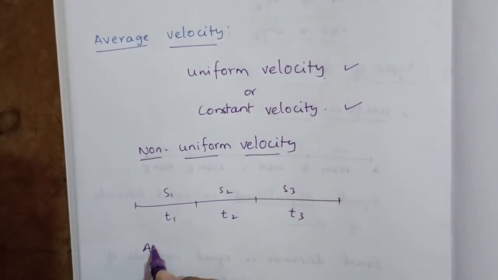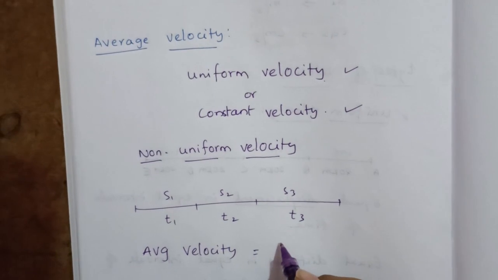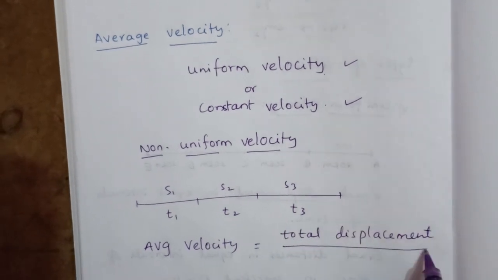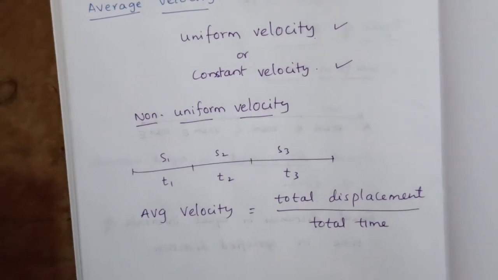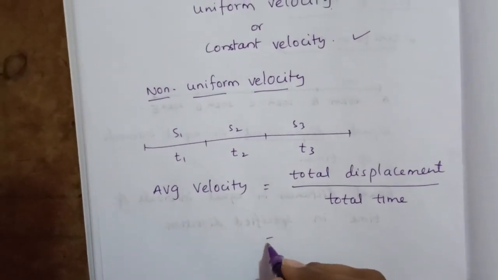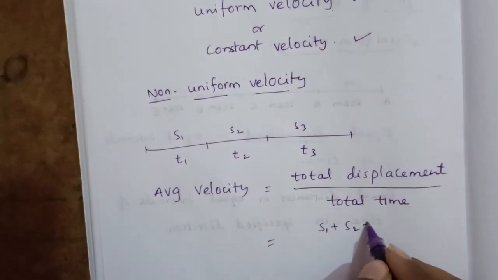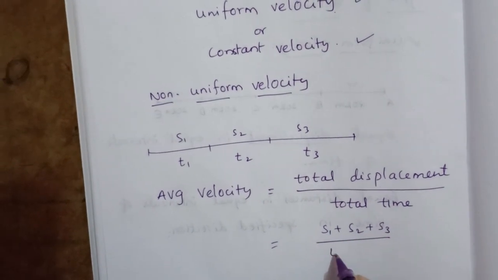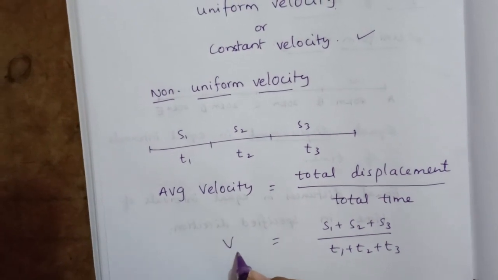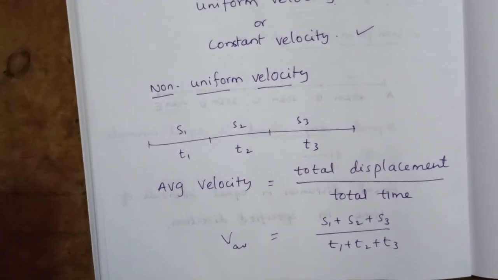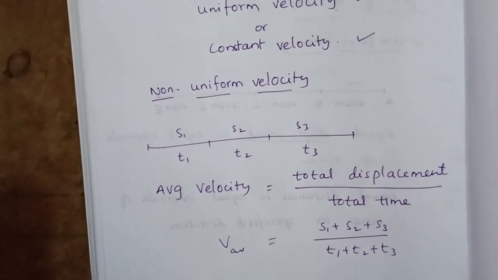So average velocity is equal to total displacement by total time taken. So here we can write (S1 + S2 + S3) by (T1 + T2 + T3). Average velocity equals total displacement by total time taken.